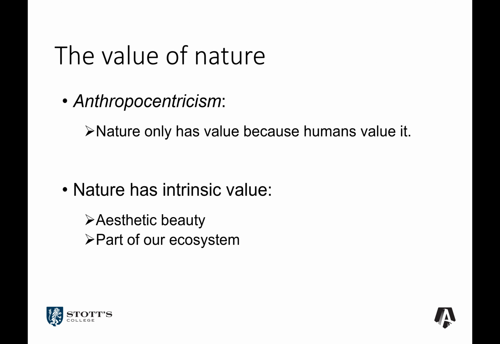And I suppose Greta Thunberg's argument, which you just looked at, that we cannot continuously pursue economic growth because of the impact it's having on society, surely there's a better way, fits within that nature as intrinsic value argument.